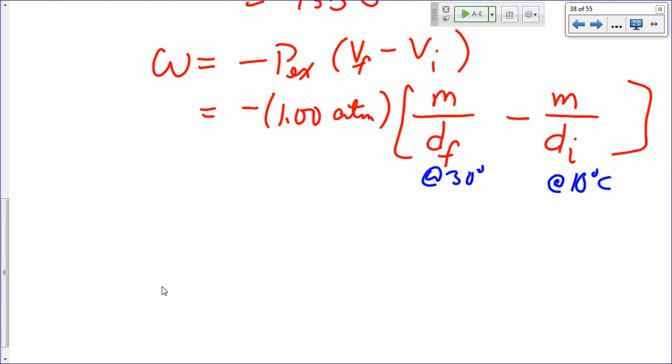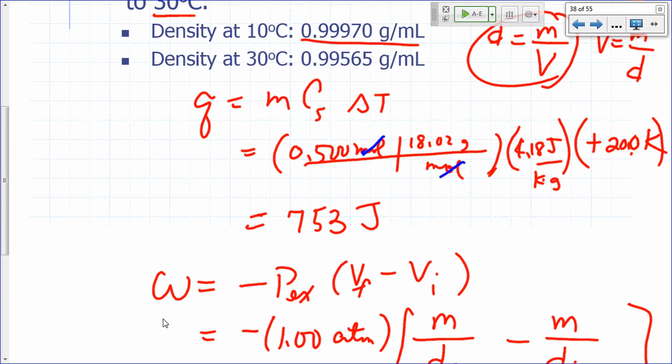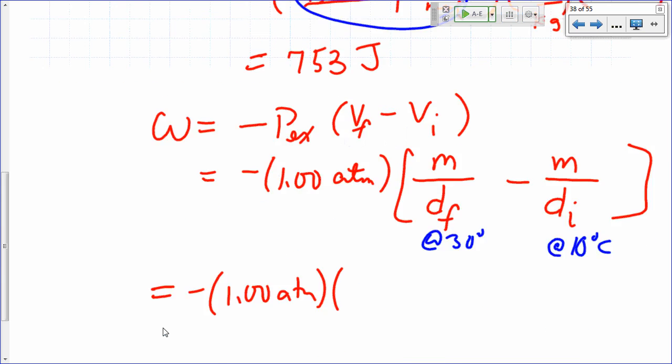So let's factor out our mass. So that's going to be minus 1.00 atmospheres. What's the mass of our water? Half of 18, right? This is the mass of water. So that's 9.01.